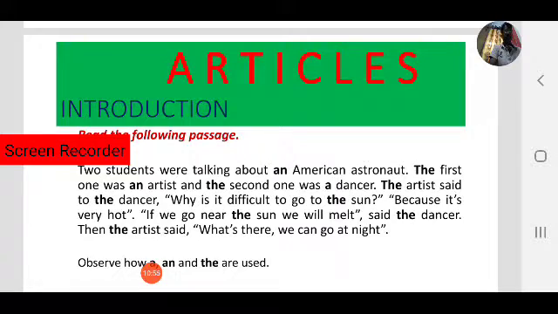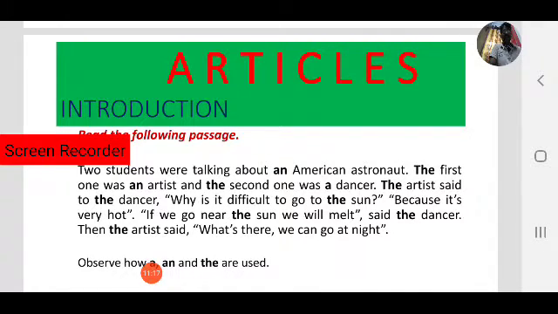Observe, go to the sun, we use the before sun. Why should we use the article before sun? Let us learn in this class. So sun is unique. For unique objects we use the.